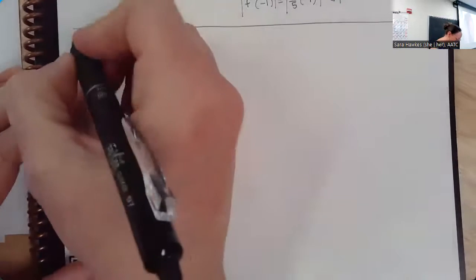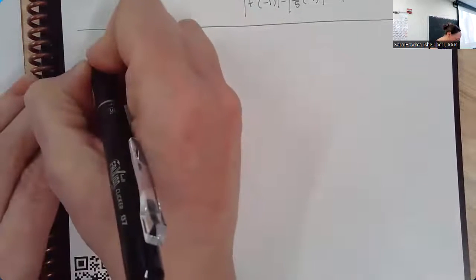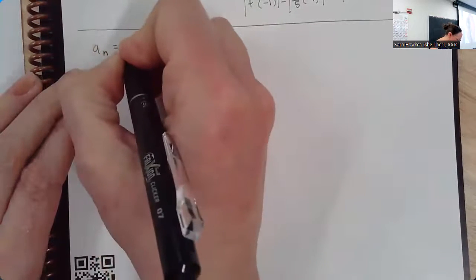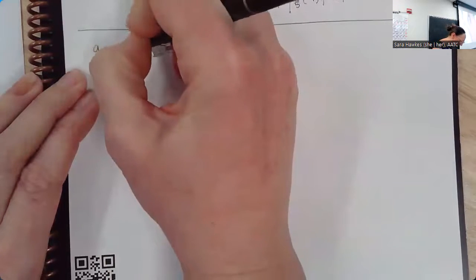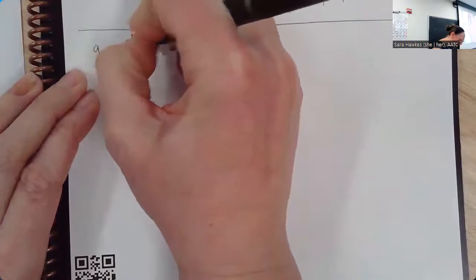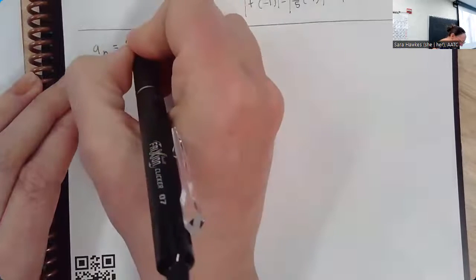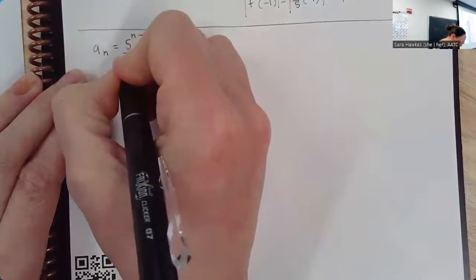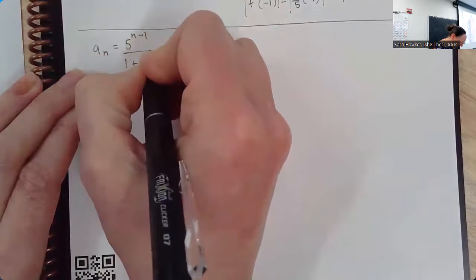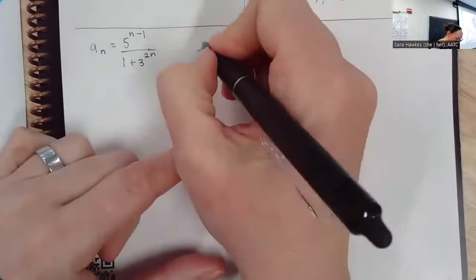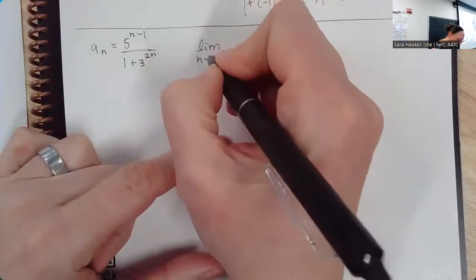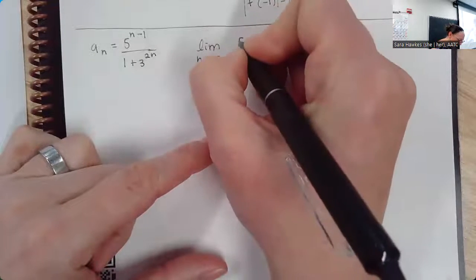So if my sequence is defined, oops, that's a -1, and -1. If my sequence is defined sort of as a function-ish and not with an a sub n and a sub n plus 1, then finding the limit is literally just taking the limit as n approaches infinity.